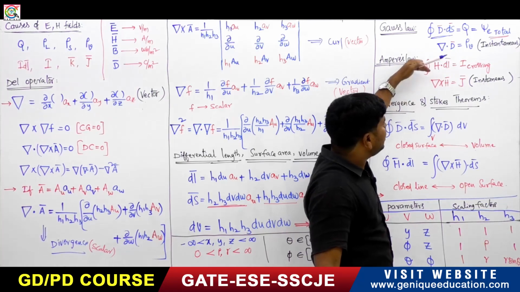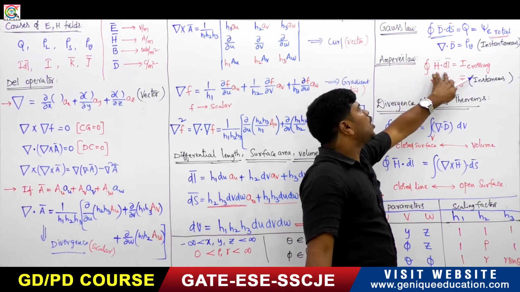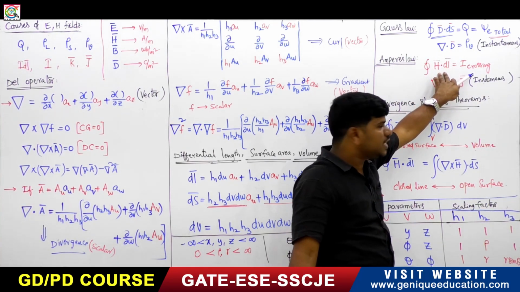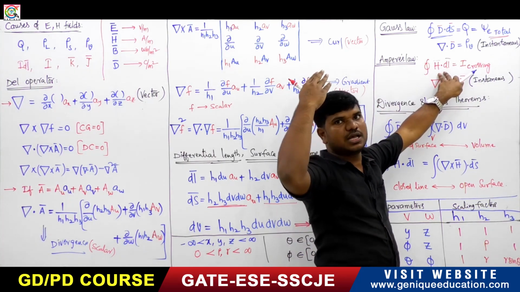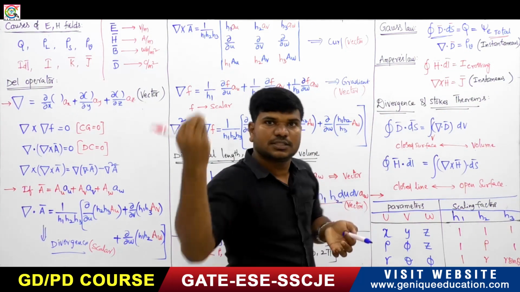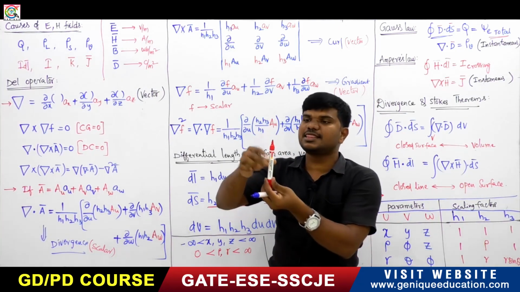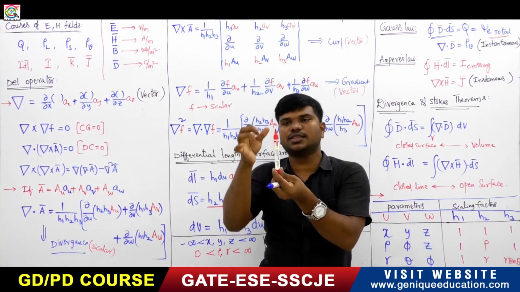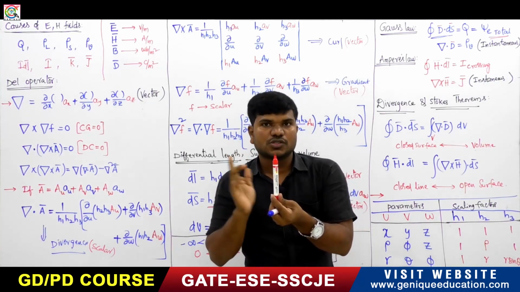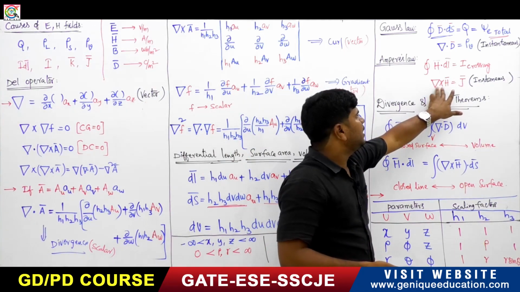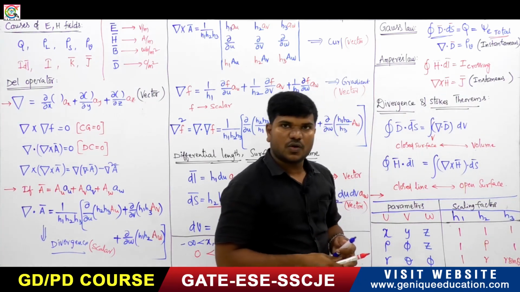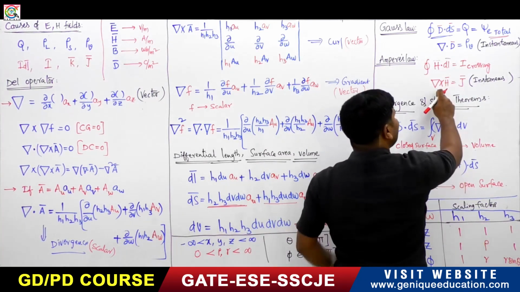Similarly, this is the total current crossing that surface. But if I want to find the strength at the current only, on this current carrying length only, I can represent this as del cross H equals J. What is this?